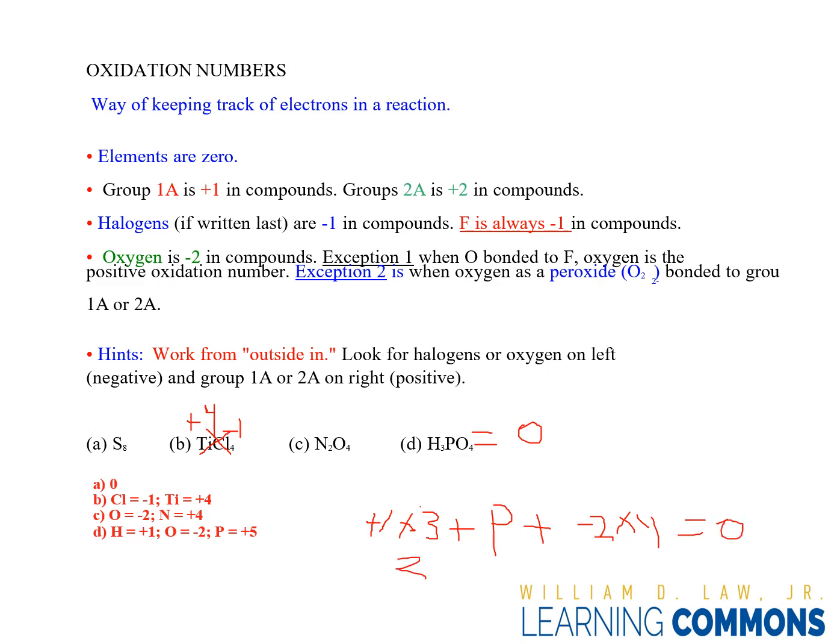This is 3 plus phosphorus, I don't know, plus -2 multiplied by 4, which is -8. I told myself which number I can add here to make the overall charge 0: just positive 5. Positive 5, if I put 3 plus 5, we become positive 8, minus 8 is 0, and we figure out the oxidation number.